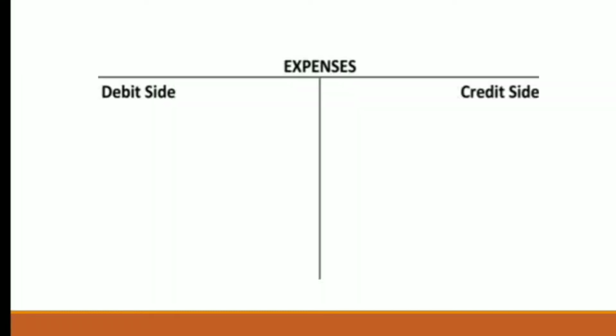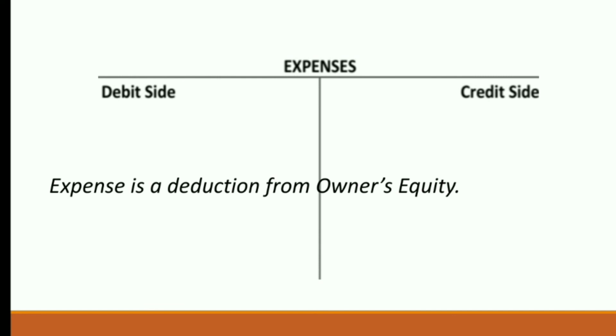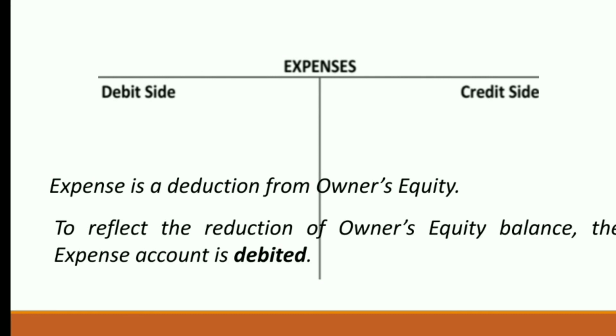Moving on to our last temporary account, we have here the expenses. The expense is a deduction from the owner's equity. And since the owner's equity's increased side or normal balance is located in the credit side of its T account, in order to reflect the reduction of owner's equity balance, the expense account is debited.